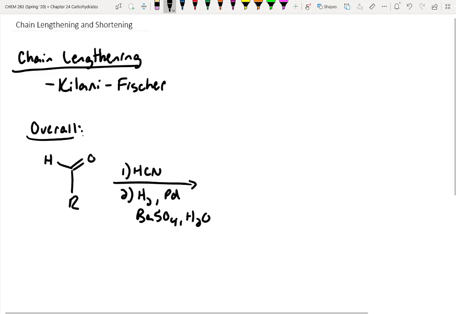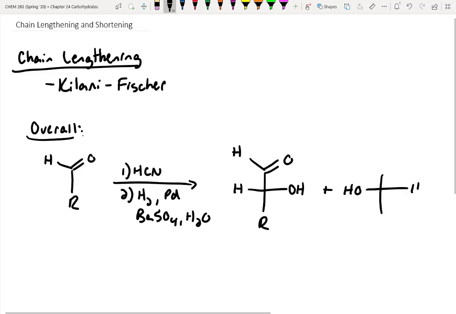All right, so let's take a look at our products. At the end, we're going to add a carbon, and that's going to be one of our crossbars here. The R group is still going to stay put, and we'll get an OH and a hydrogen. The problem with this is we'll actually get both, where you can have the OH on the left and on the right.